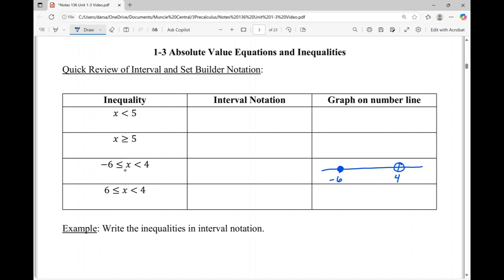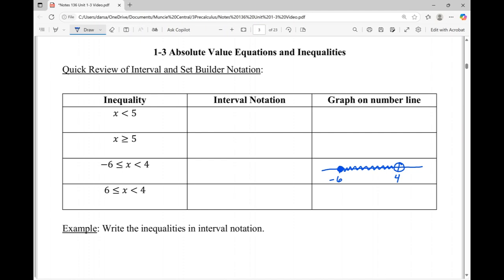Now, this says we want to use all of the numbers in between there, and those are our answers. So -5, -4, -3, -2.1, -2.0004, those are all answers. So we're going to shade in between here to say those are all of the answers that we're looking for.